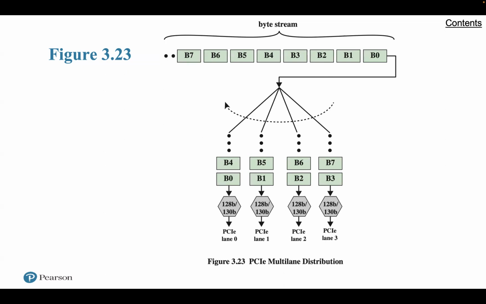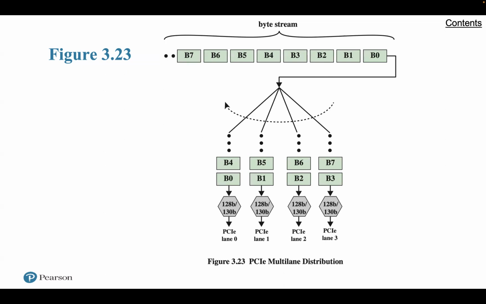And in this figure, it shows an example of a PCIe port consisting of 4 lanes. Data are distributed to the 4 lanes, 1 byte at a time, using a simple round-robin scheme. In each physical layer, data are buffered and processed 16 bytes at a time.